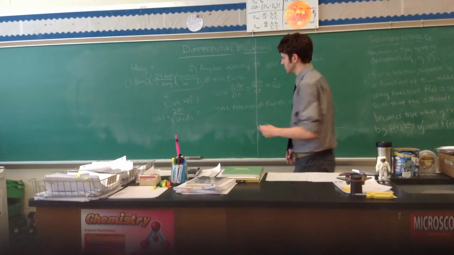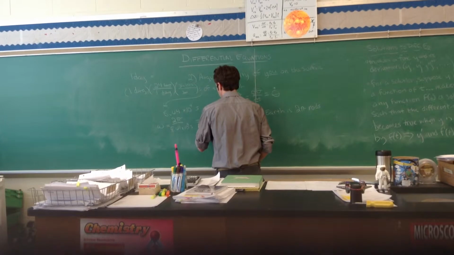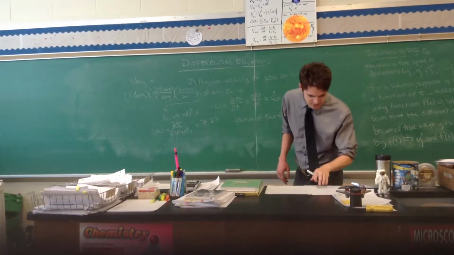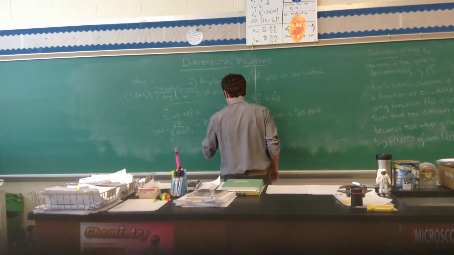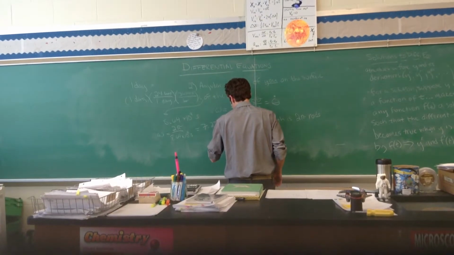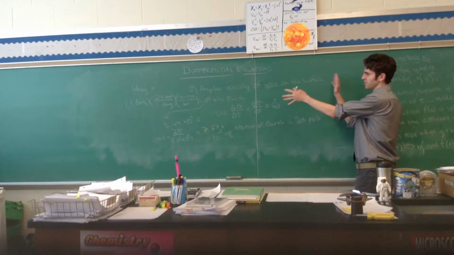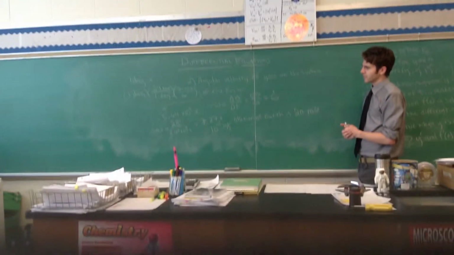You should get 7.27 times 10 to the negative 5th radians per second. And of course on your test I would give you in the problem what units I wanted.